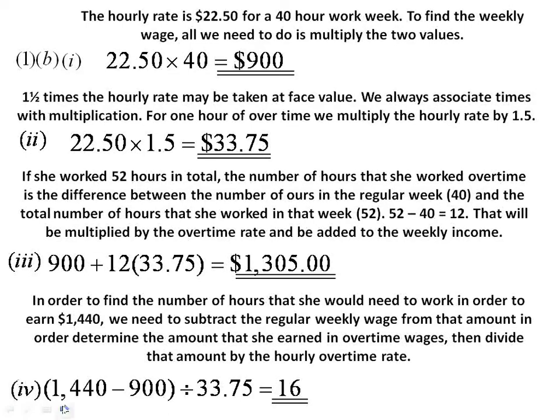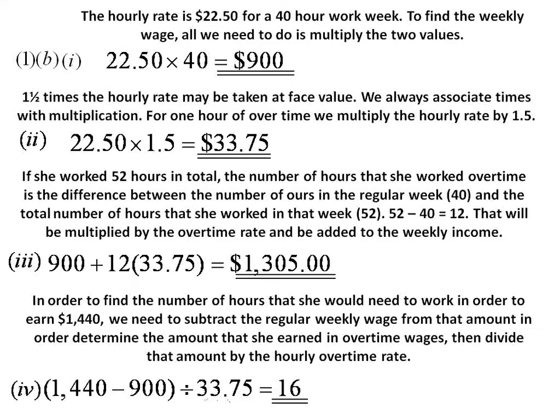So we have 1,440, which is the amount of money that she needs to earn. We subtract the regular salary, and with that result we divide by the overtime rate, and that turns out to be 16 hours.